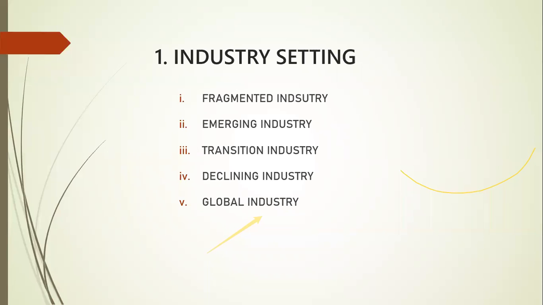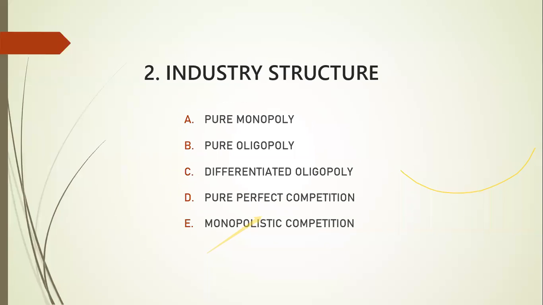In place of investment, we find divestment. So divestment happens in declining, right? Zero investment in fragmented. We don't find any investments happening in fragmented. So investments, or FDI, foreign direct investments, or normal investment as such, flow into emerging industry, transition industry, and global industry. So that's all about our industry setting.